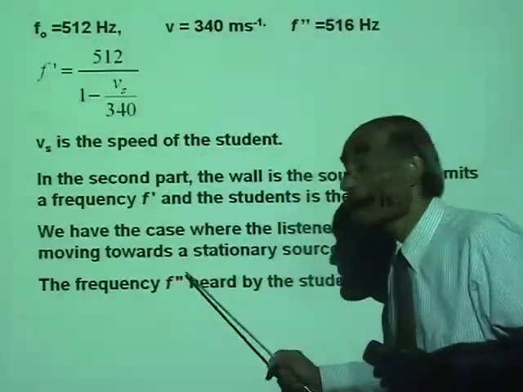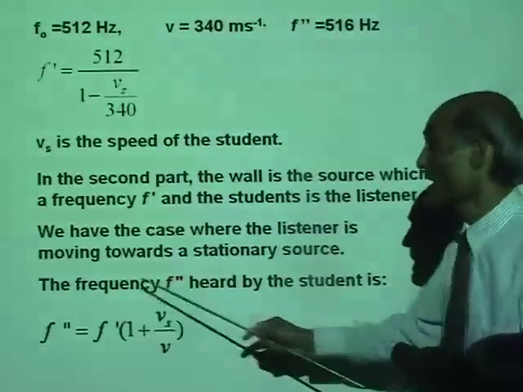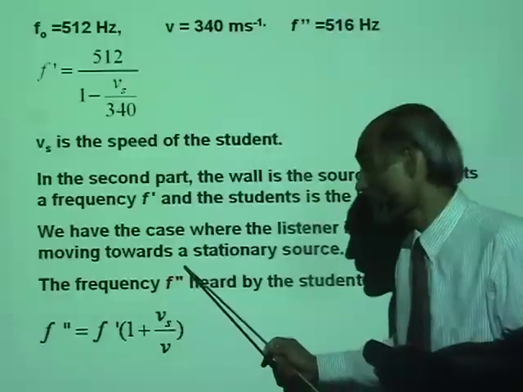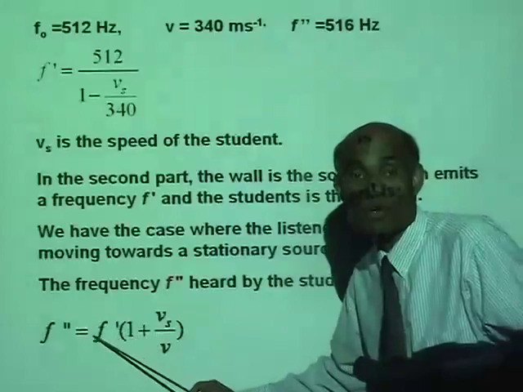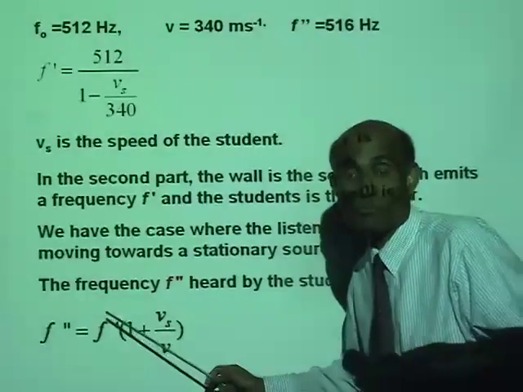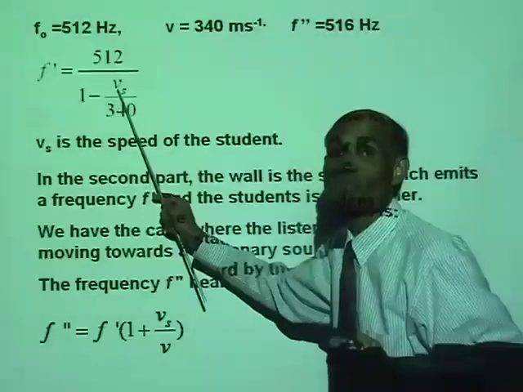If f prime is the frequency heard by that listener, then f double prime, not f prime, f double prime equal to f prime times, what does f prime stand for? The frequency that is emitted by the wall, which is actually this.